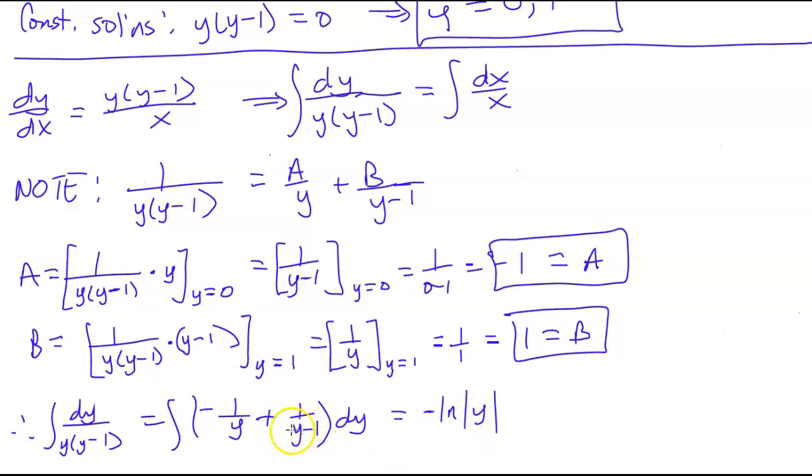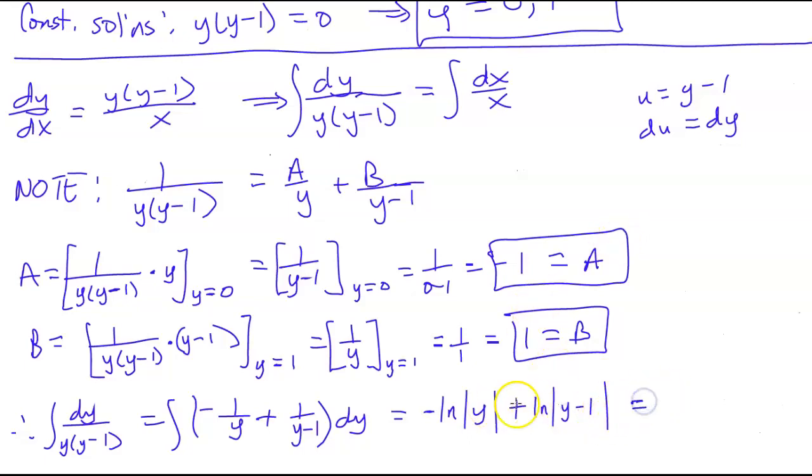For the second one, of course, we can use the substitution rule. If we did that, let's say let u equal y minus 1, then du is equal to dy plus 0, basically. So here we can just do this directly and say that this is going to be natural log of absolute value of y minus 1.